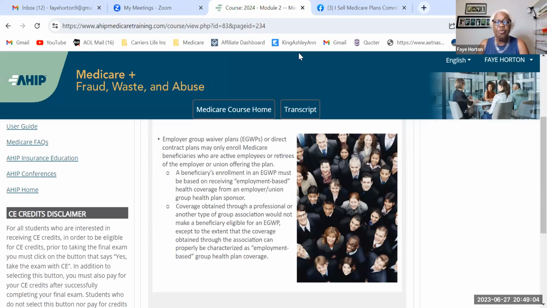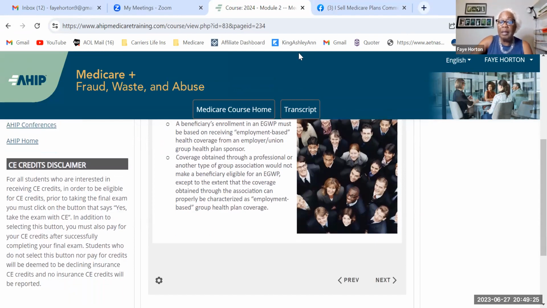Coverage obtained through a professional or another type of group association would not make a beneficiary eligible for an EGWP, except to the extent that the coverage obtained through the association can properly be characterized as employment-based group health plan coverage.